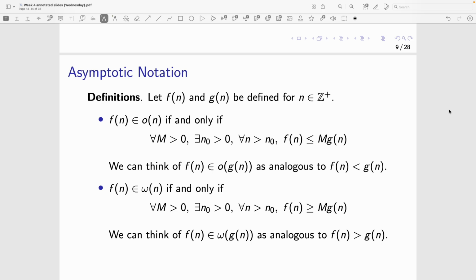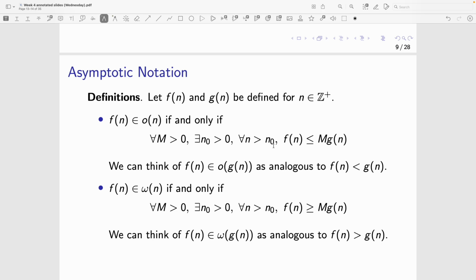I really don't know why it uses strictly or less than or equal to in the definition, because if f of n were equal to g of n and f of n were in little o of g of n, then f of n would be strictly smaller than g of n for like n naught plus 1.